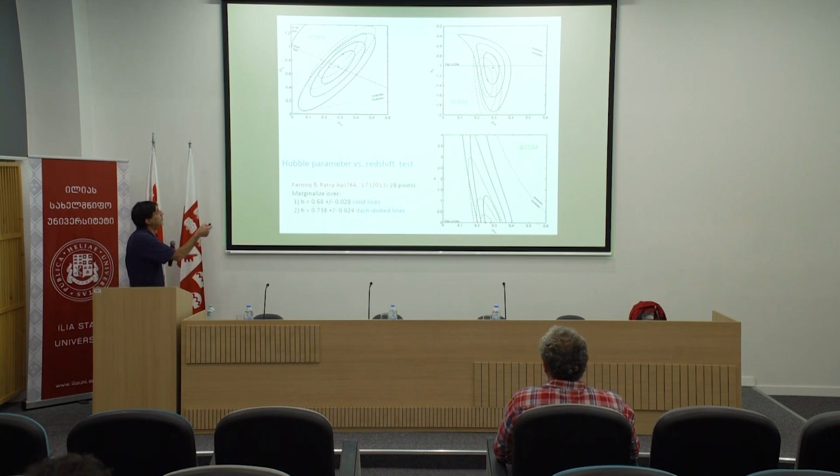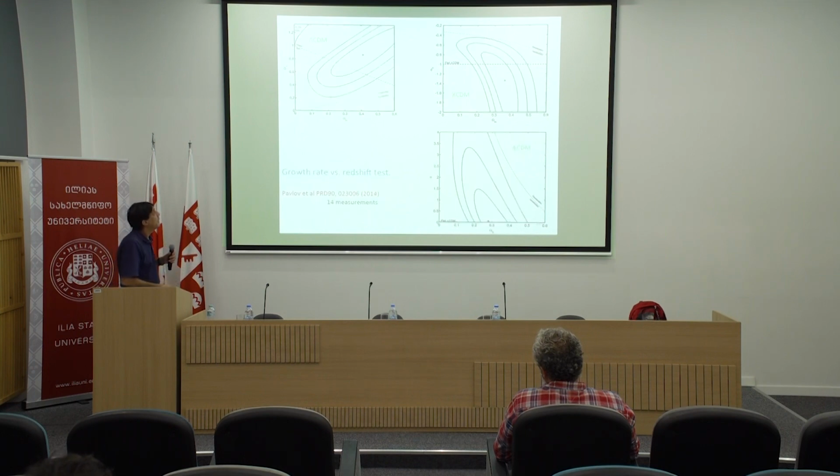But again, most of the contours are in the accelerated part of parameter space, and they're quite consistent with omega matter of 0.3, omega lambda of 0.7, flat geometry, and it doesn't matter what model is used to analyze these data. This is growth factor, and again, it's the same sort of thing, mostly in accelerated parts of parameter space.